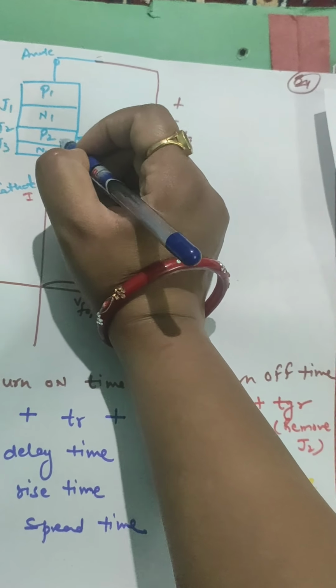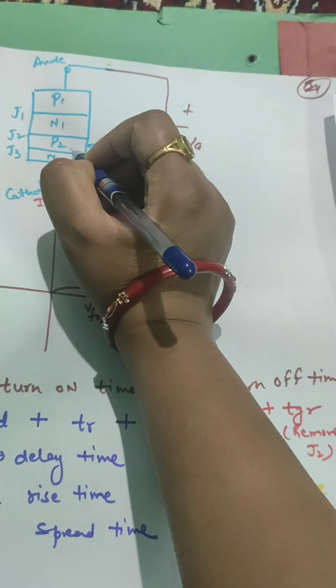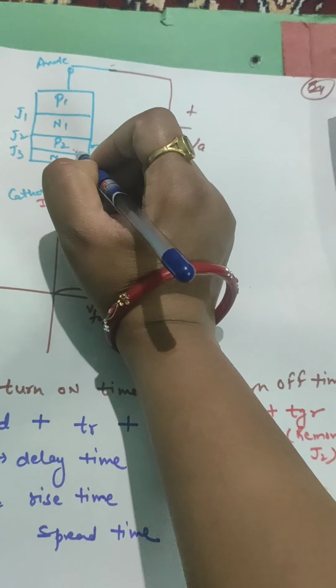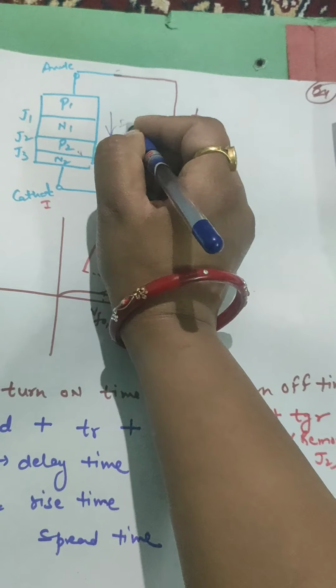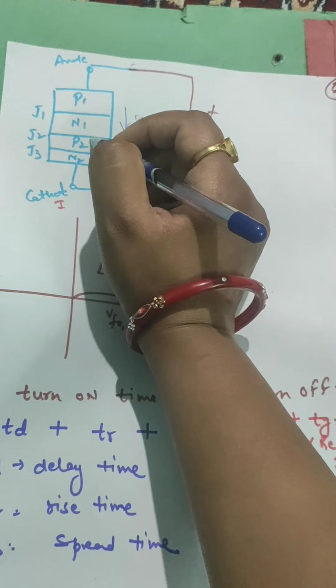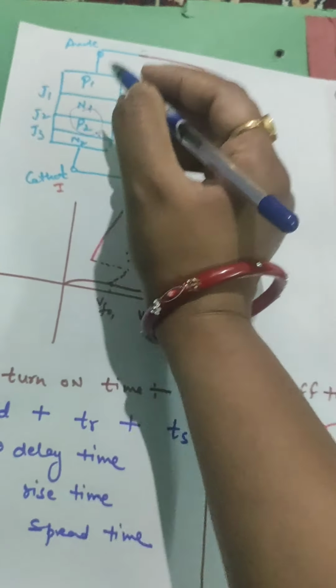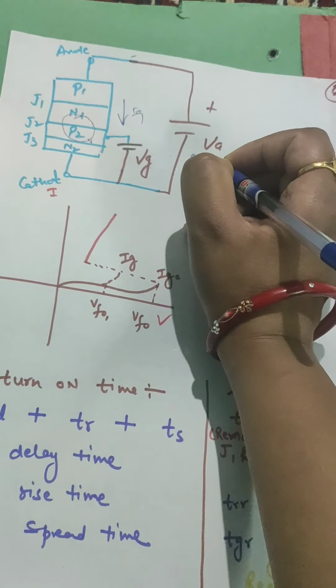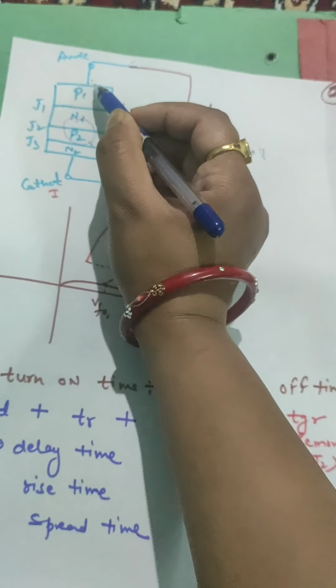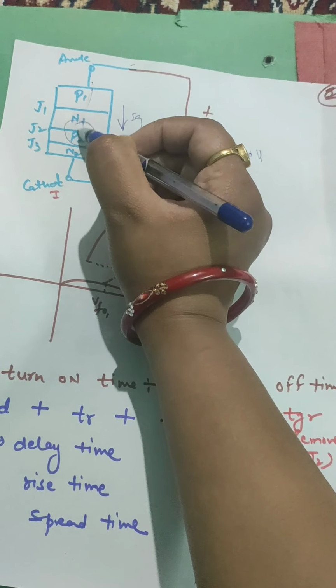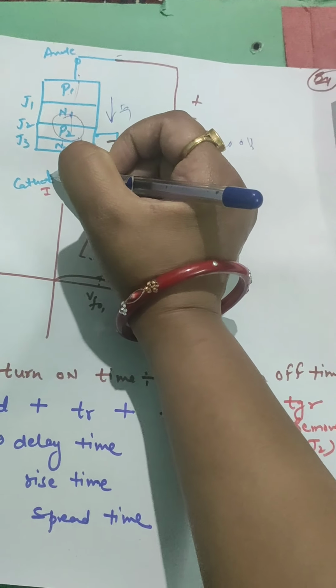Okay, if we give gate current positive, anode to cathode current IA. When gate current reaches 90 to 100%, then anode current will increase, but not to 100%.